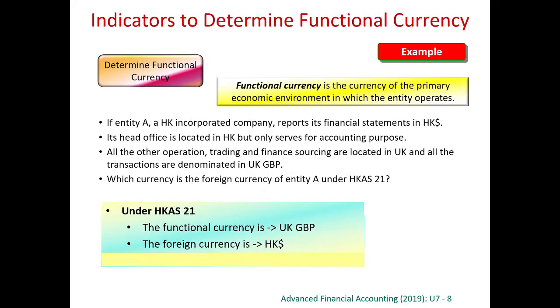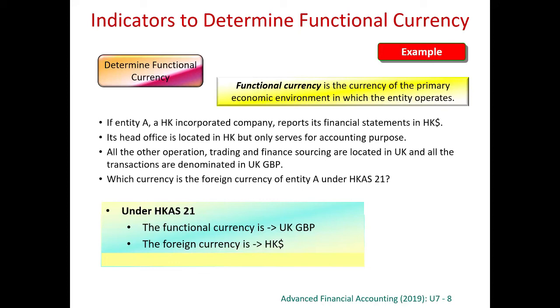Say for example, in this case, we have an entity A, which is a Hong Kong incorporated company. They choose to report their financial statements in Hong Kong dollar, and therefore their presentation currency is Hong Kong dollar. Its head office is located in Hong Kong, but it only serves an accounting purpose. All the transactions, operations, trading, and financing sourcing are located in the UK, and all transactions are denominated in the UK pound.